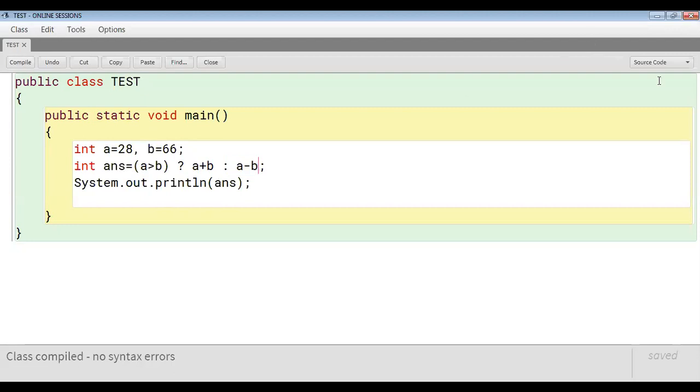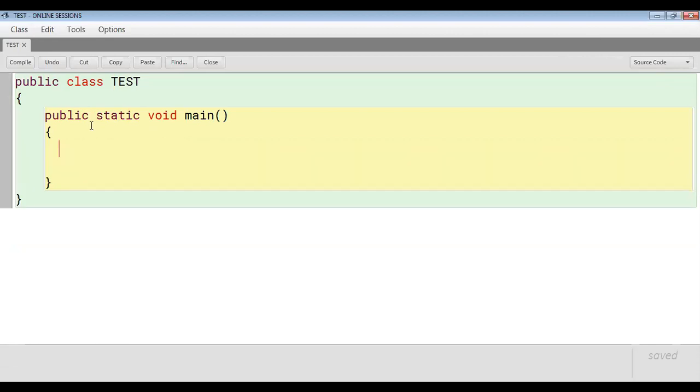So this is what we are getting as the answer. Now tell me, I am taking other variables. Give me the answer.